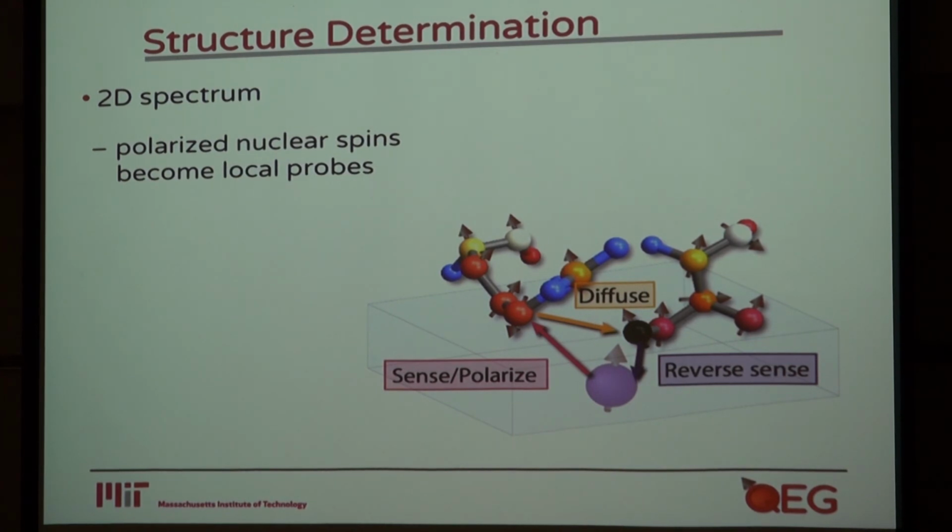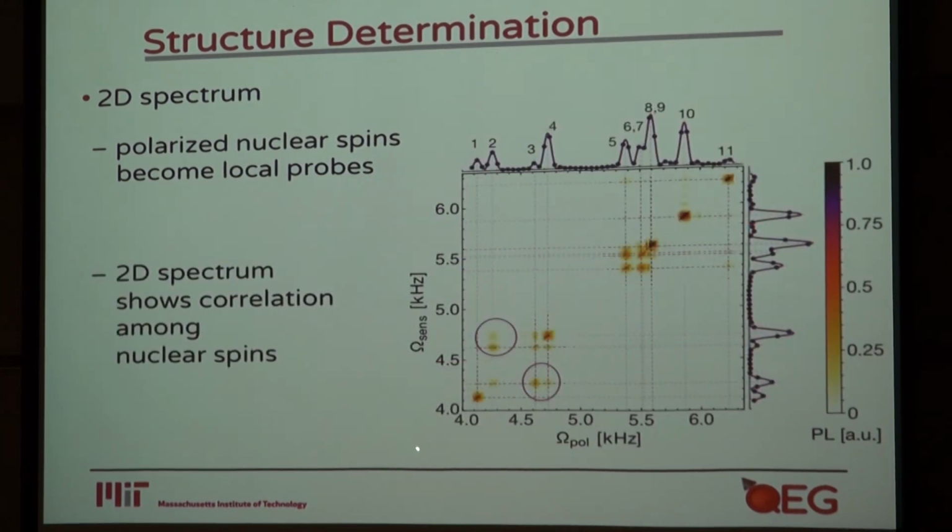And in this way, it's possible to reconstruct this type of 2D spectra, which are very common in NMR, and here they're, in some sense, a new addition to our tool set, in which what we see is, of course, this diagonal term, which just means I polarize one nuclear spin, and then I retrieve that polarization from the same nuclear spin.